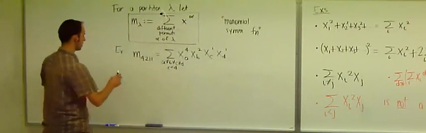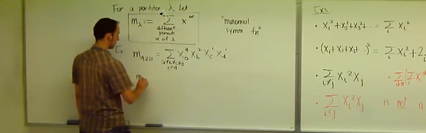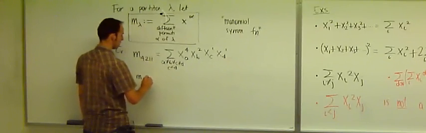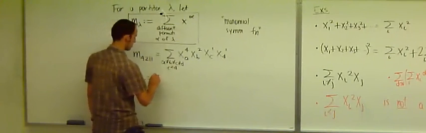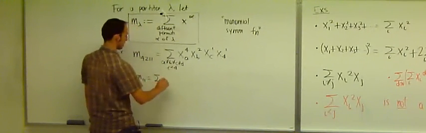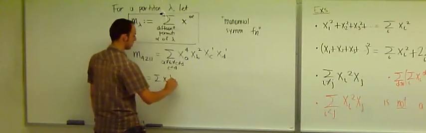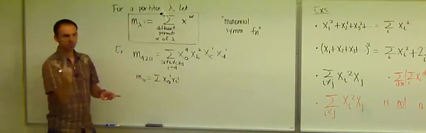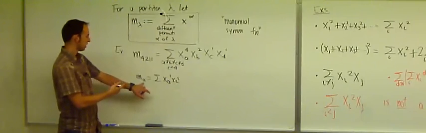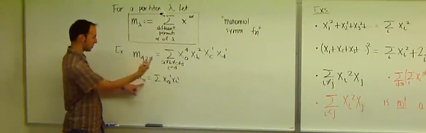So let me maybe make a smaller example to illustrate this. So what is M11? I'm looking at summing over, let's say, xa to the 1, xb to the 1, right? And I take all the possible permutations of the exponents 1 and 1.